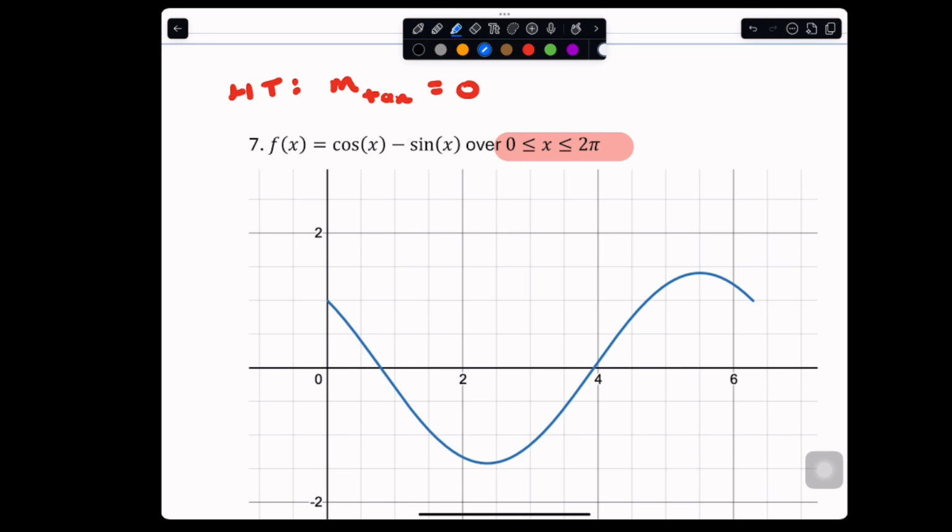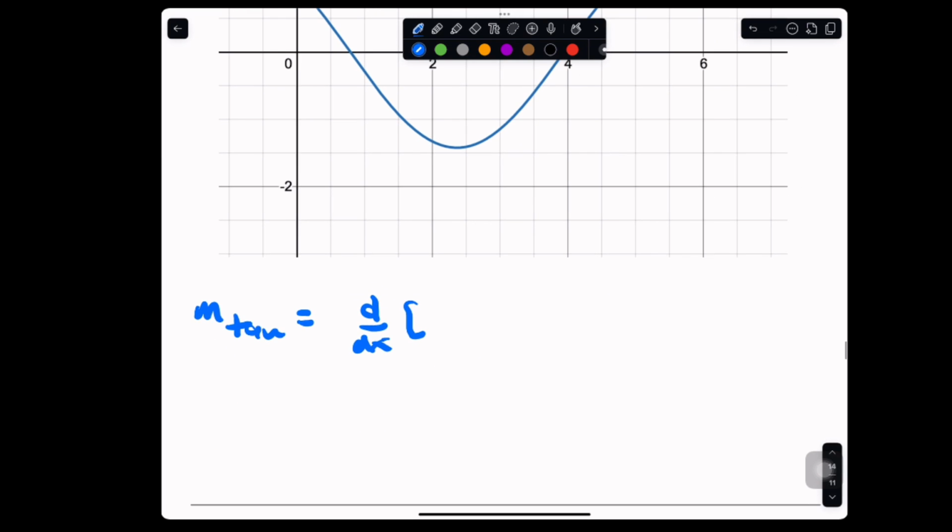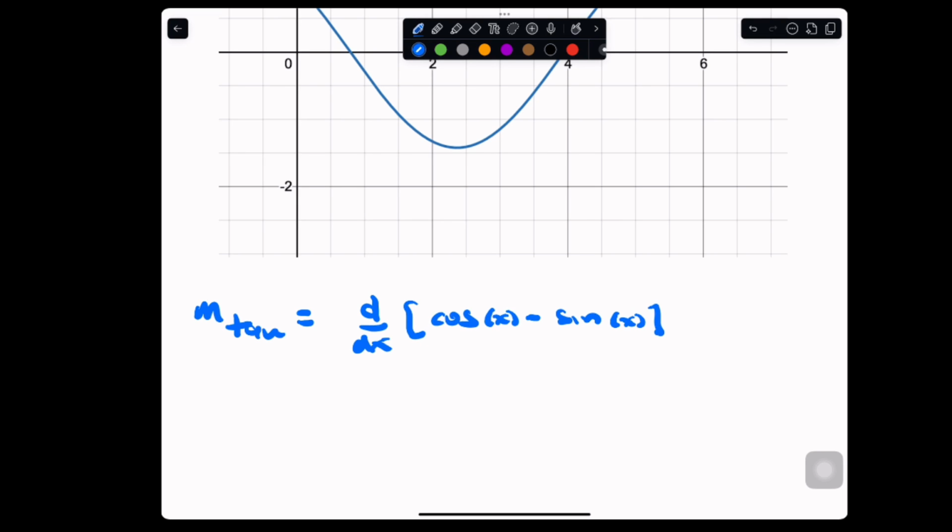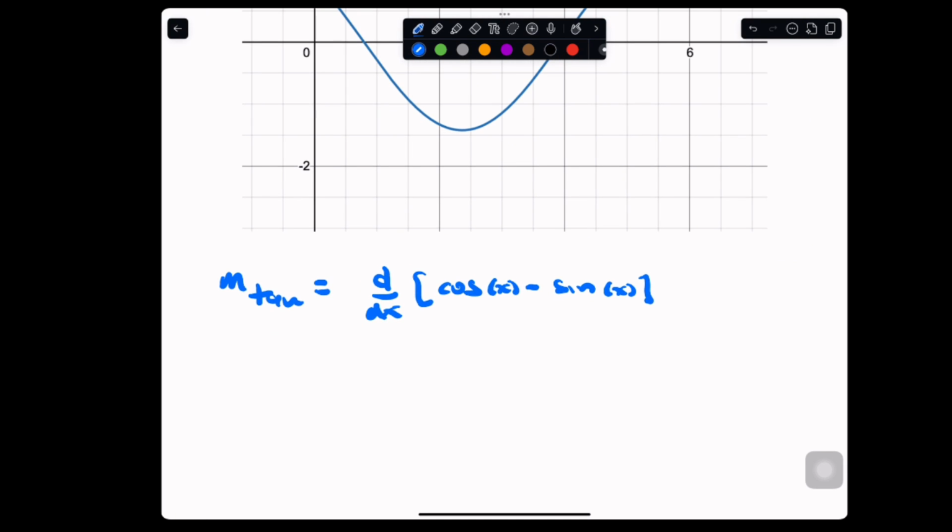All right, pretty nice. Now, the slope of the tangent is the derivative of cosine minus sine. And that has to equal 0, which means the derivative of cosine minus sine must be 0.